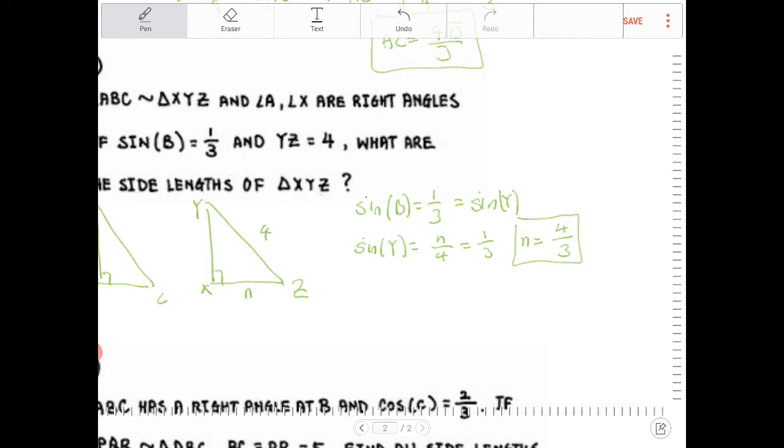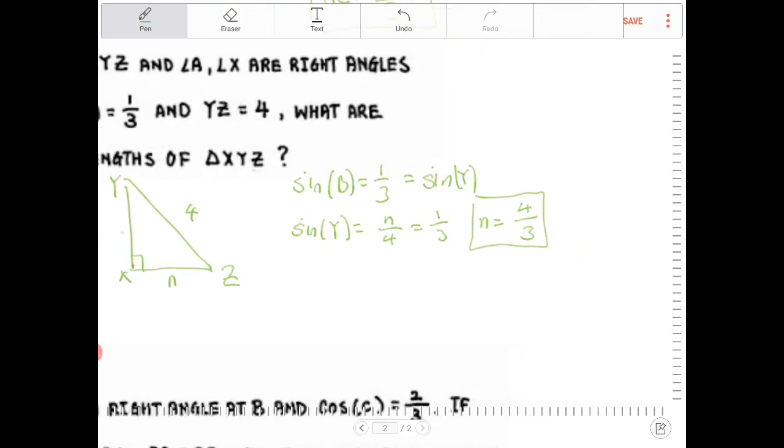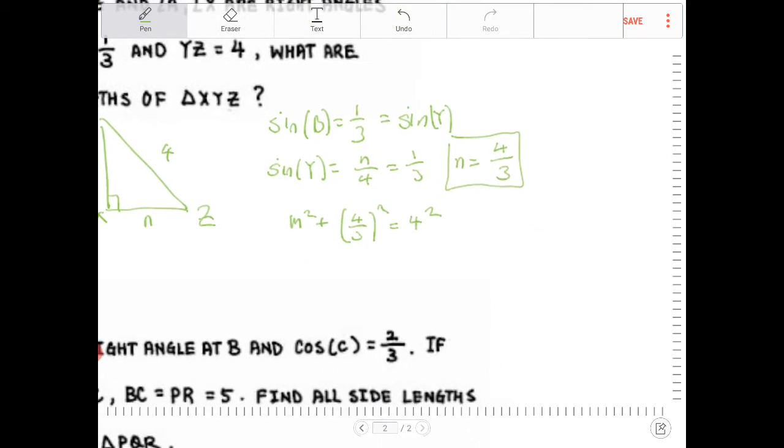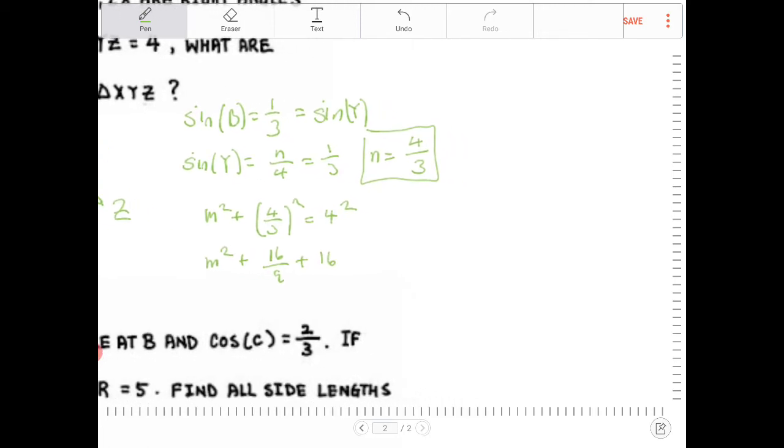So if n is equal to 4/3, I can now solve for, let's call this side here m, right? So m squared plus 4/3 squared is equal to 4 squared. I'm going to square everything. So m squared plus 16/9 is equal to 16. Subtract both sides by 16/9.